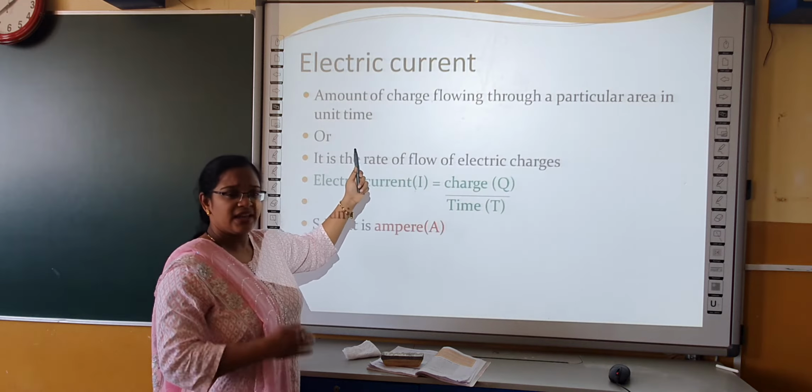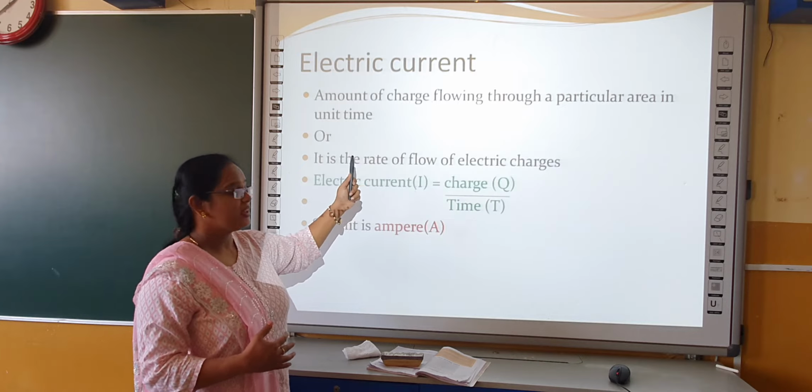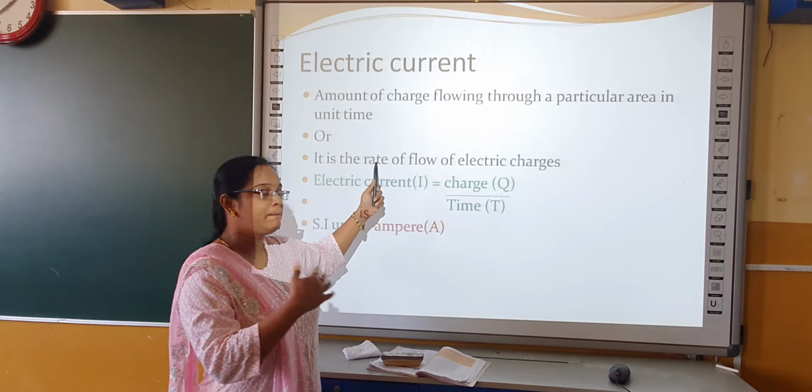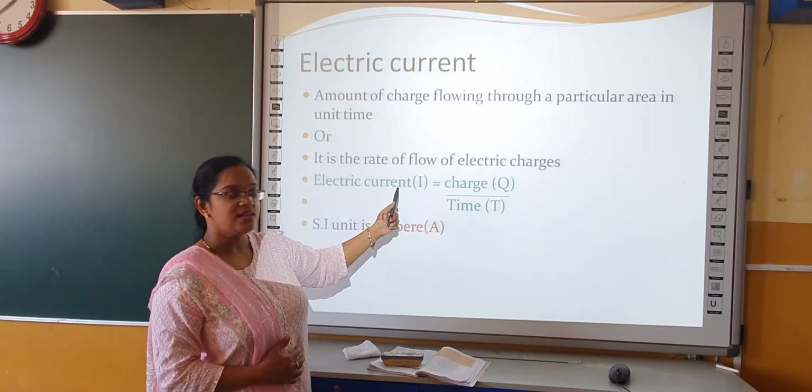What do you mean by rate? Rate means per time. How much charge flows per unit time is called electric current.